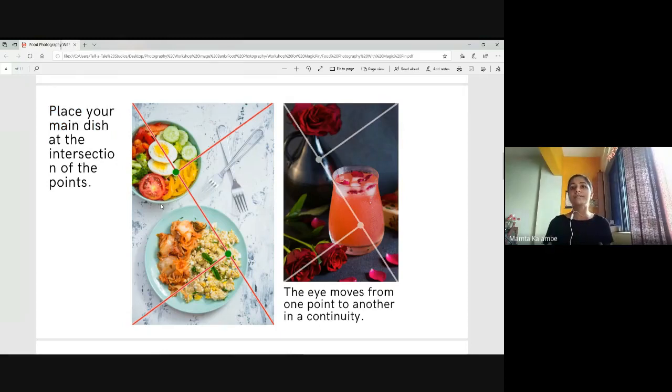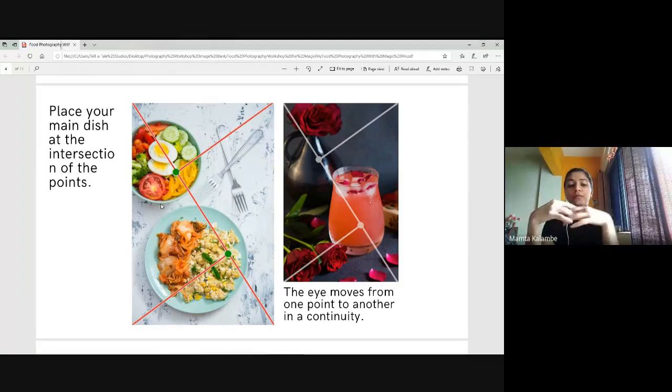So basically, before I even start talking about the golden triangle, I want you to know why we even use composition, and why composition is very important, not just in photography, but when it comes to styling also.